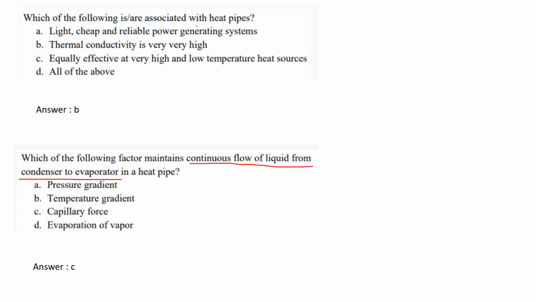But a heat pipe is not useful for all temperature situations. High temperature heat pipes are different from very low temperature ones. So option C is not possible. The thermal conductivity is not low in the case of the heat pipe, so this is the answer.